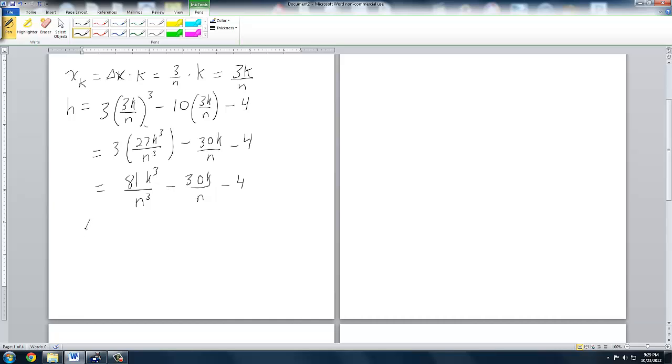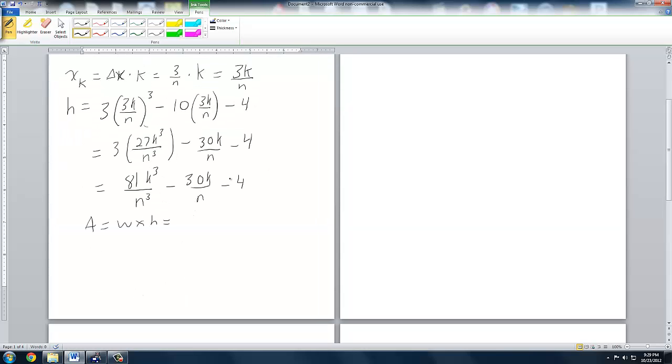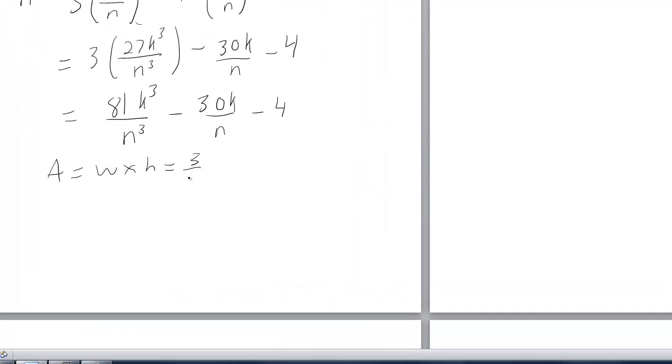So now we know that area equals width times height. In this case, it's our width, which is 3 over n, times our height, which is 81k to the third over n to the third, minus 30k over n minus 4.